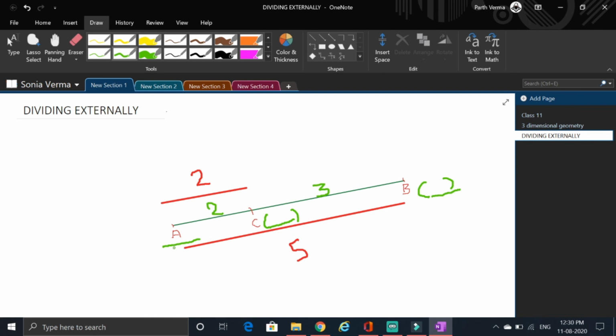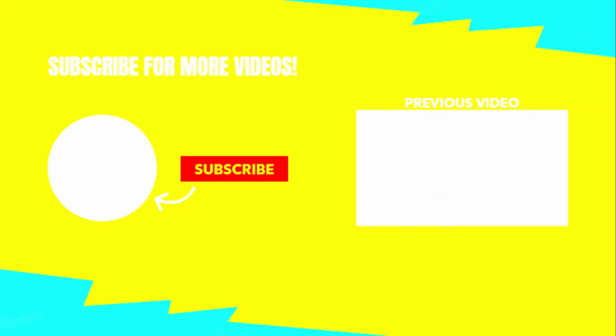For external division it is mx1 minus nx2 over m minus n. So either you can use this new formula and satisfy yourself by deriving it, or you may use the internal division formula only, by reducing the ratio of external division into this ratio. This is all for this video. I hope you understood. Thank you.